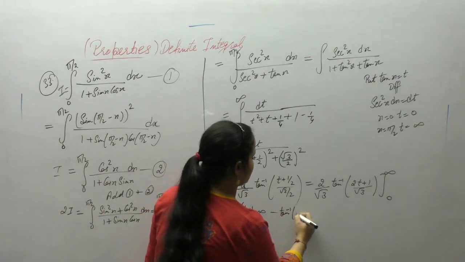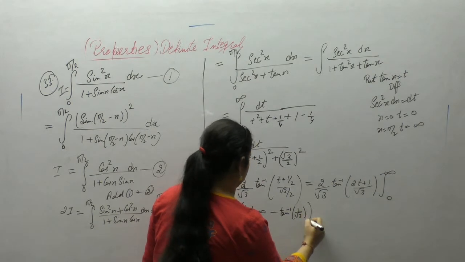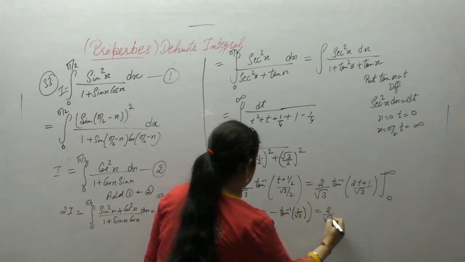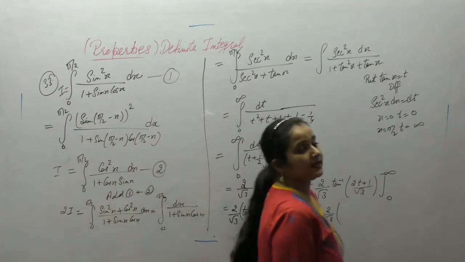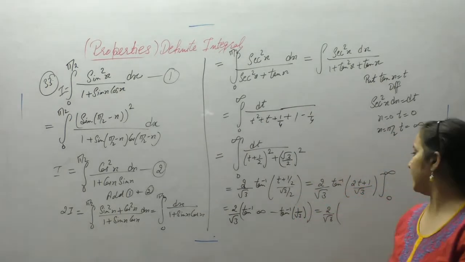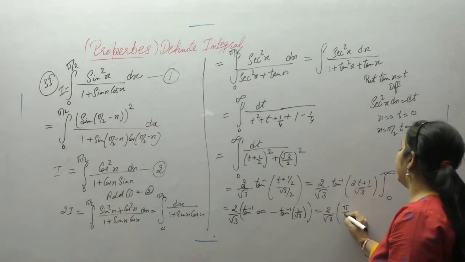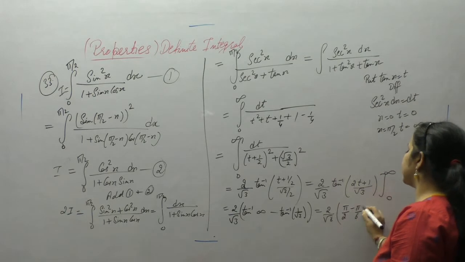When t is 0, we get 1 by root 3. Tan inverse of infinity is pi by 2, and tan inverse of 1 by root 3 is pi by 6.